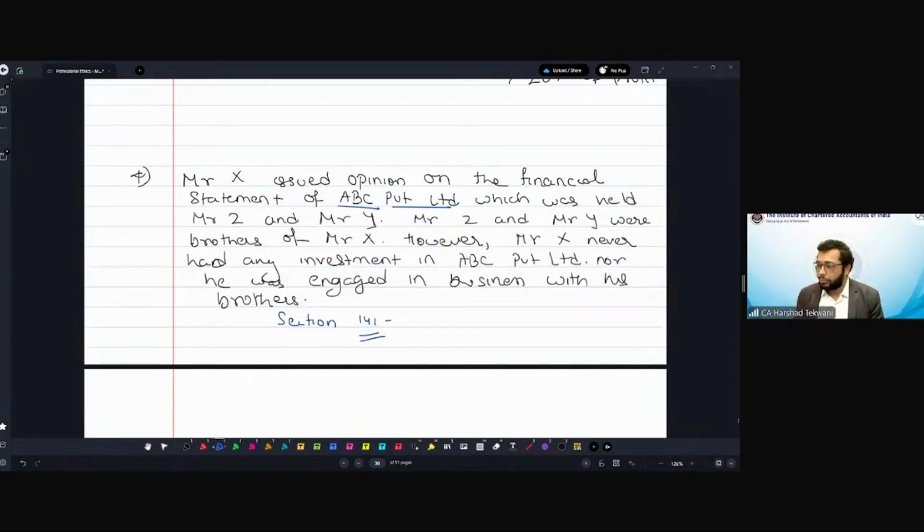Sir, if not asked in the exam, should we mention the reference of section 141? If it is only for clause 5, suppose, professional misconduct under clause 5, should we mention this section?